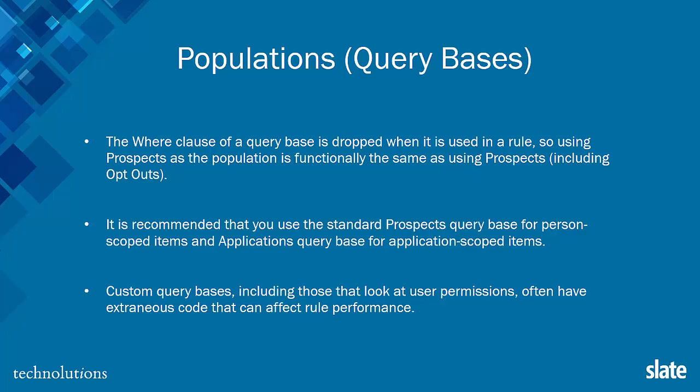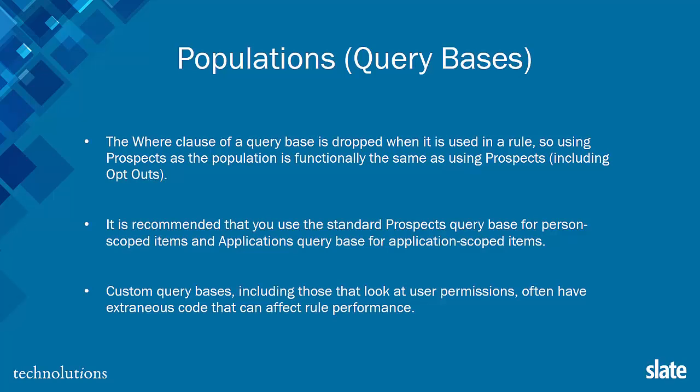When it comes to the populations themselves, we talked about how all your exclusivity group rules should share the same population. Our populations are our query bases: your prospects query base, your applicants query base, your organization's query base. You want to make sure that all of your rules in the exclusivity group share the same query base, which again is the population.